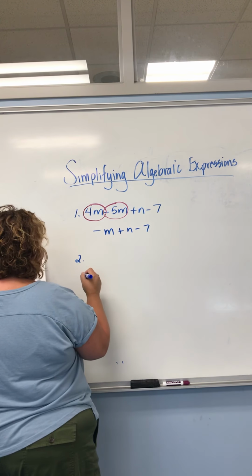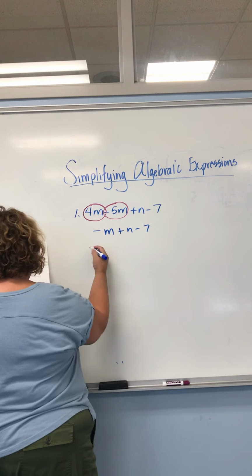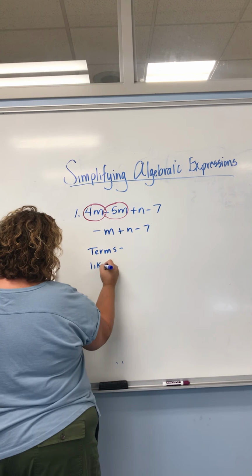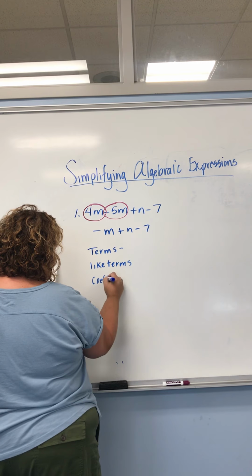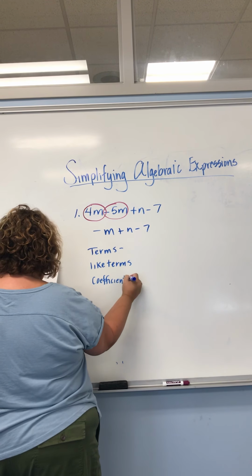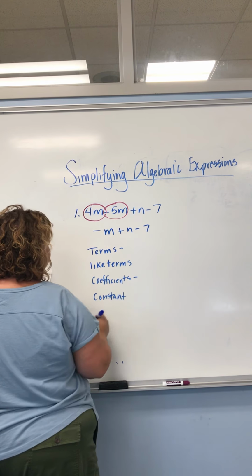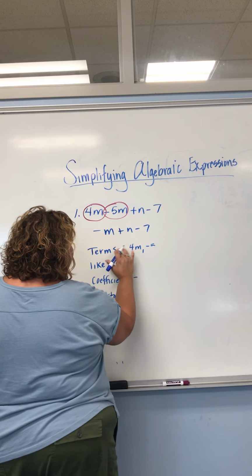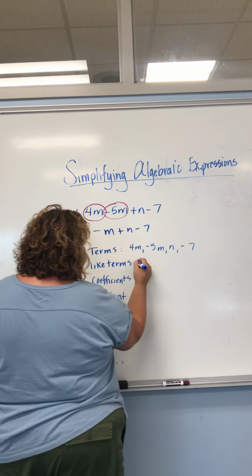Number 2. They want us to identify the terms, the like terms, the coefficients, and the constant. So the terms are 4m, negative 5m, n, and negative 7.